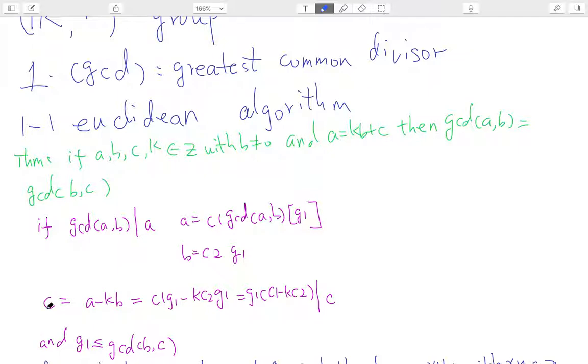Then, since c can be rearranged into the form of a linear combination of a and b, you can substitute the new expression into the old one and happily find that this is divisible. So g1 divides c, and that ends the one-side proof.